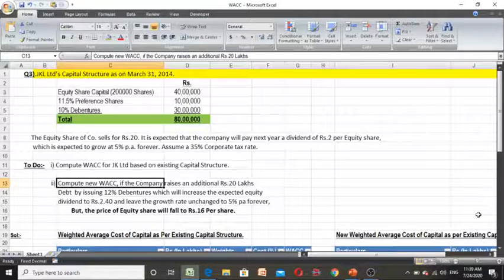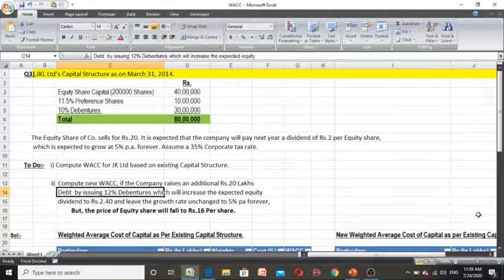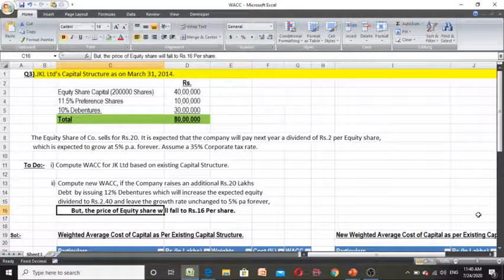So they are telling us to compute the new WACC if the company raises an additional rupees 20 lakhs of debt by issuing 12% debentures, which will increase the expected equity dividend to rupees 2.40 and leave the growth rate unchanged at 5% per annum forever. But the price of the equity share will fall to rupees 16 per share.